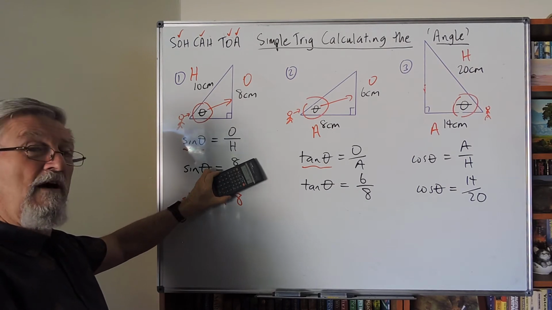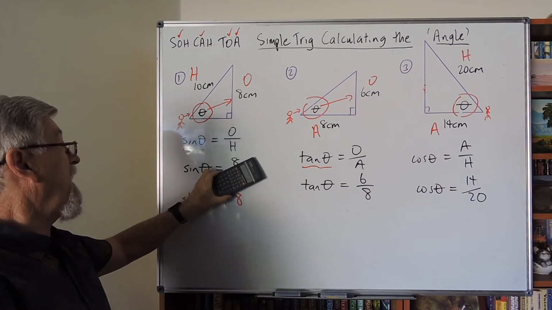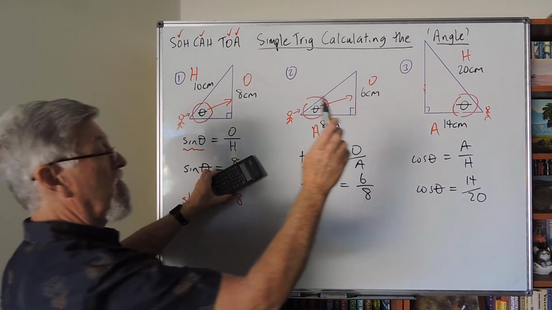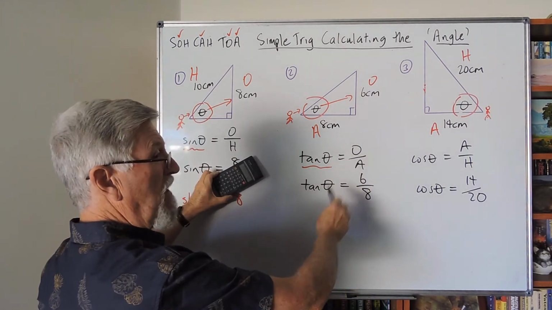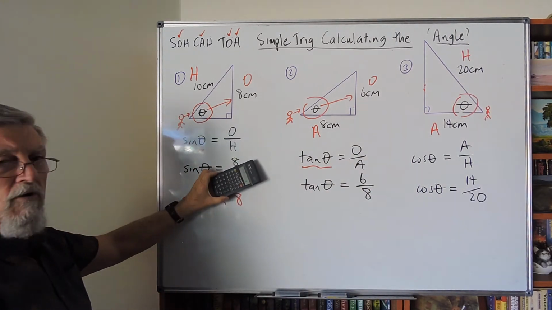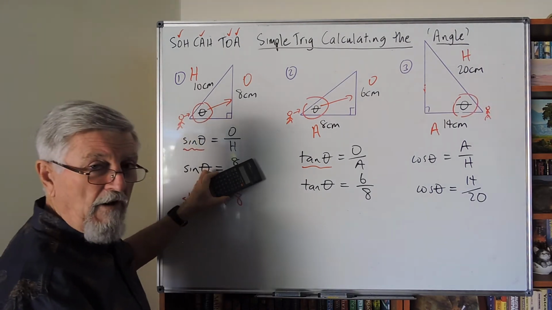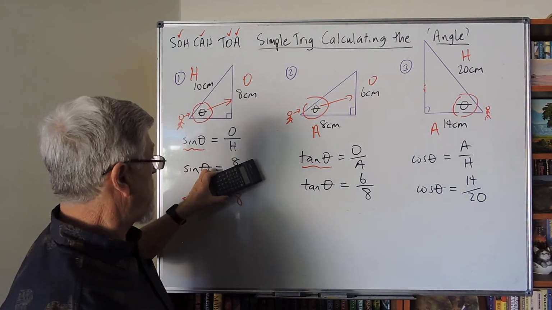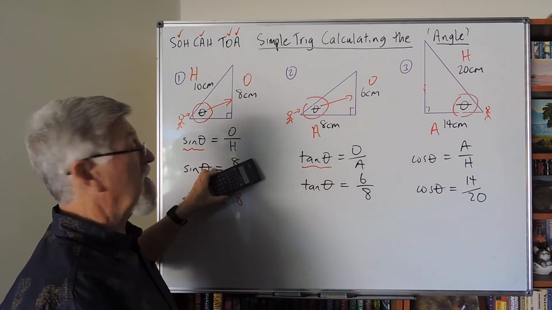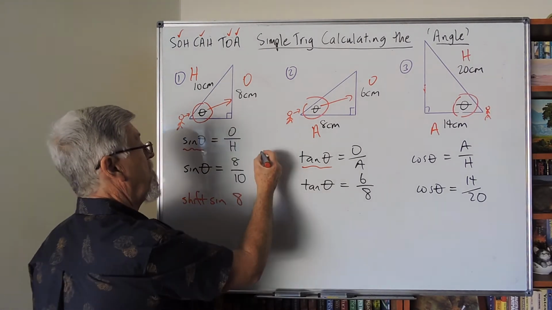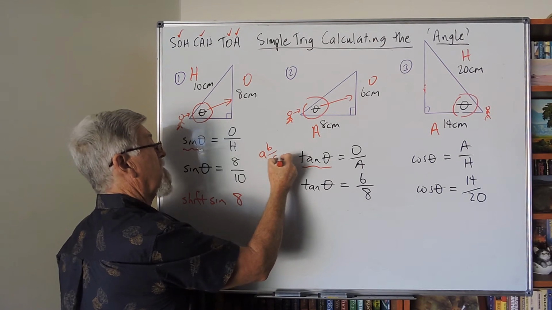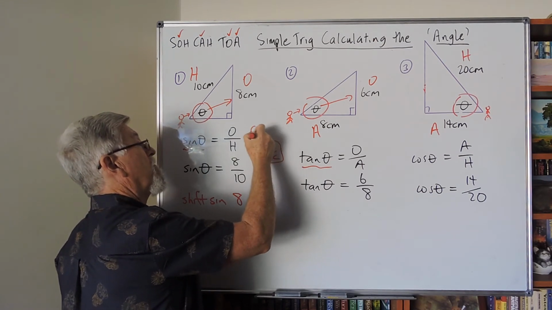And by the way, any number that's bigger than 1, you can't find the angle for a sine or a cosine. You can for a tan, but you can't for a sine or a cos. So the moment the calculator sees that 8, it says you've got an error. In other words, it can't calculate the answer. So you've got to tell the calculator using a fraction. Most calculators have a button like that, which we call the fraction button.